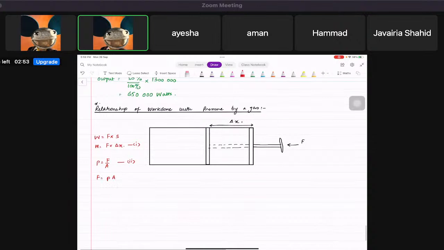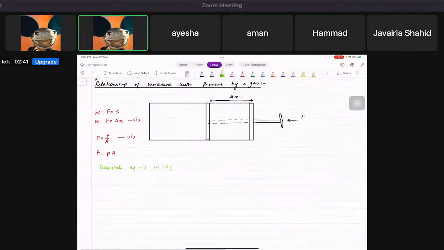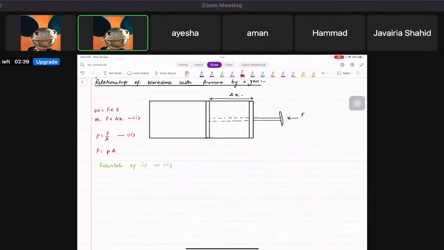We can write it like this. Then you just substitute equation 1 in 2. When you substitute this, work done will be equal to pressure times area instead of force, and then change in x.